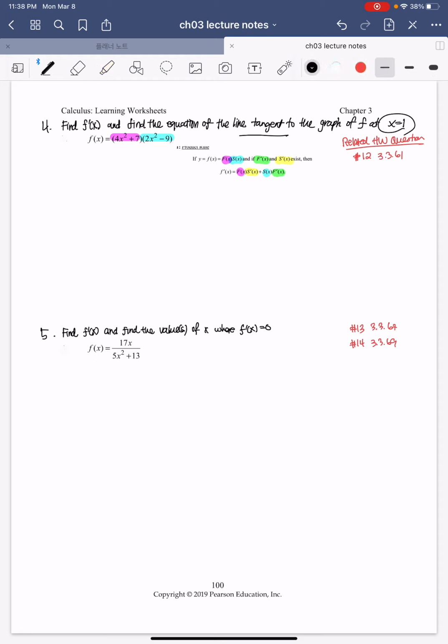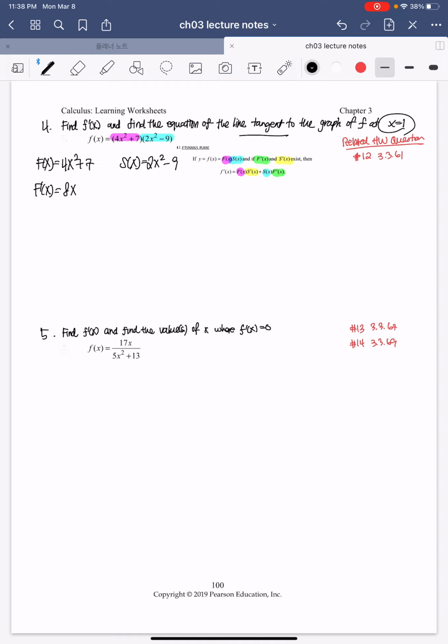So let's first take the derivative of f and s. f of x is 4x squared plus 7. s of x is 2x squared minus 9. So f prime of x will be 8x, and that's it.